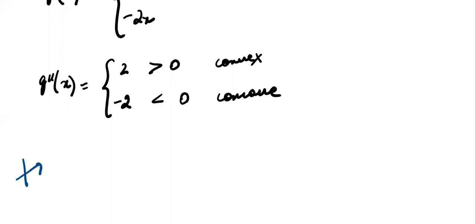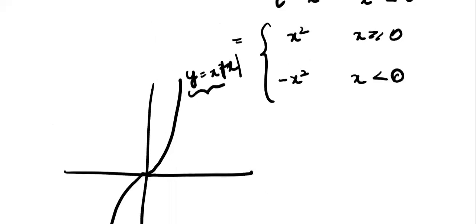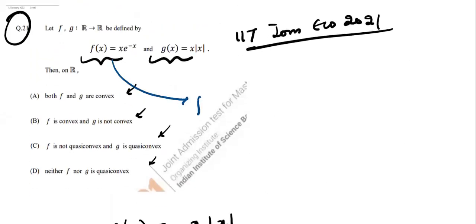Now we are going to give a rule where there are single variables involved. Single variable means it's only a function of x. Had my function been y times e to the power x, it would have been two variables, y and x, and this would have been f of x comma y.